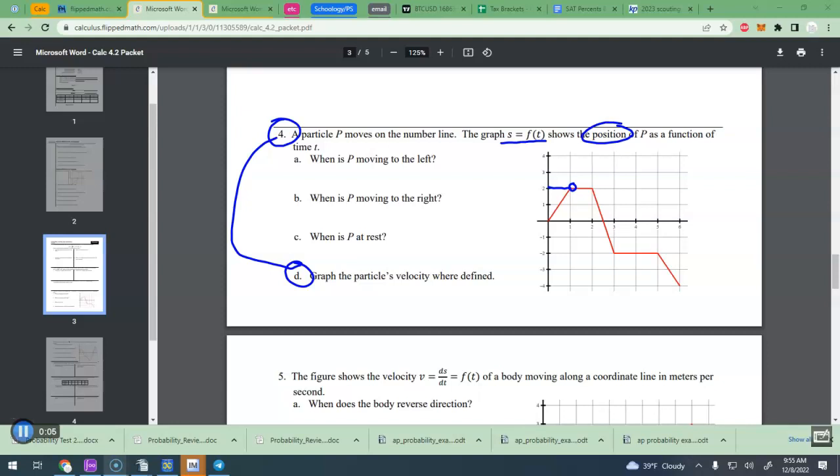And then we just look section by section. This next section, the slope is 0, so the derivative is 0, which means my velocity is 0 over that little segment. And the same with the next piece. If I look at this third section, from 2 to 3, I'm going down 4 over 1, which means my slope is -4, so I have a little horizontal line segment at -4.